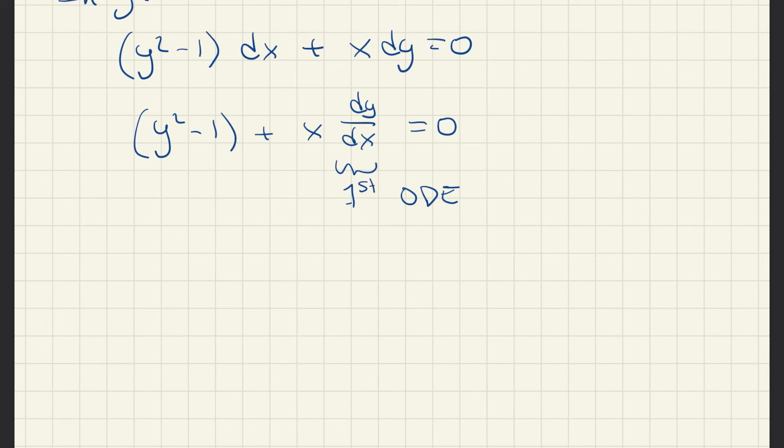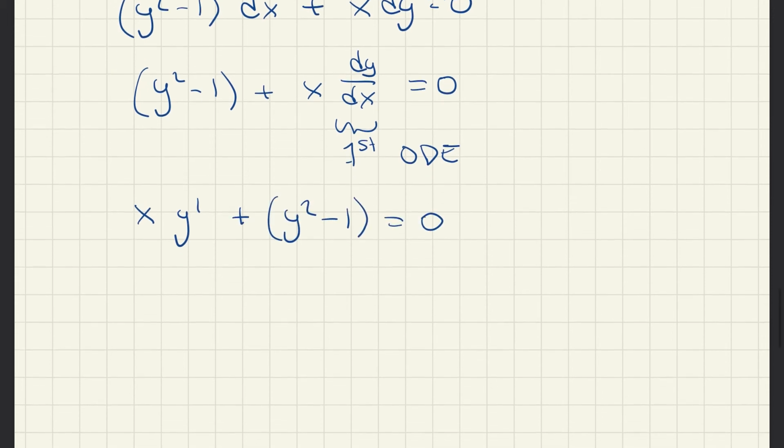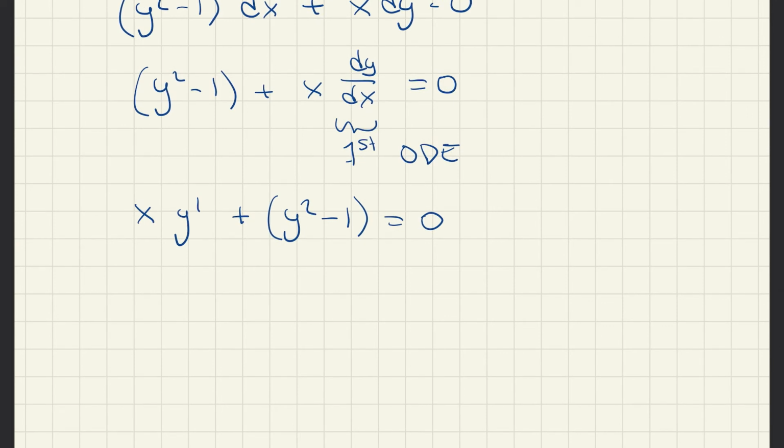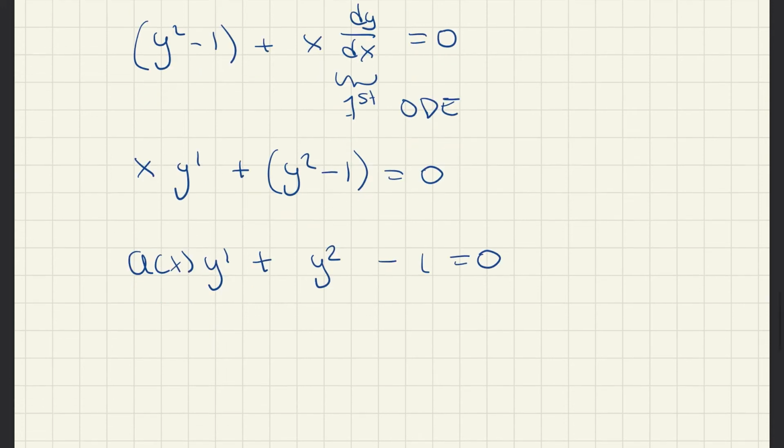Now if we go to the next step, we want to find out if it's linear or not. I'm going to rearrange this again. I can write that as y prime plus y squared minus 1 is equal to 0. If I write this equation as previously, I'm going to have a of x, y prime plus y squared minus 1 is equal to 0.